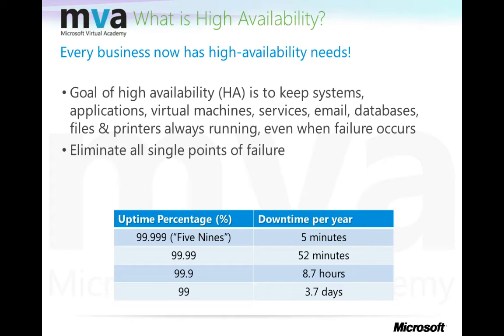However, if you have your services running on a single machine, this is going to be very hard to achieve, simply because a single reboot will probably take up that 5 minutes. So if you're doing reboots once a month or every couple of weeks, you're definitely going to go beyond this limit. We generally see most organizations at about 3 nines of uptime. However, there are many new technologies that have just come out in Windows Server 2008 R2, which allow customers to push the limits and approach this goal of 5 nines.